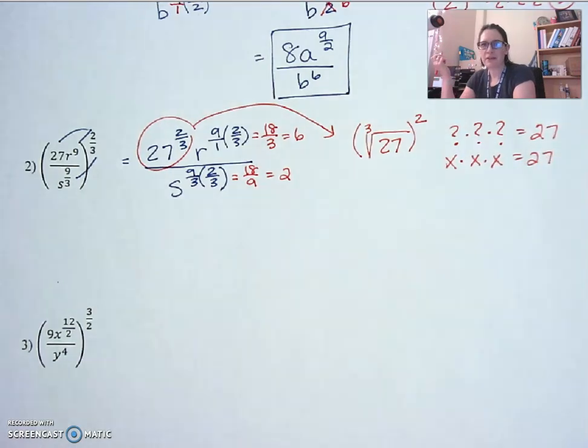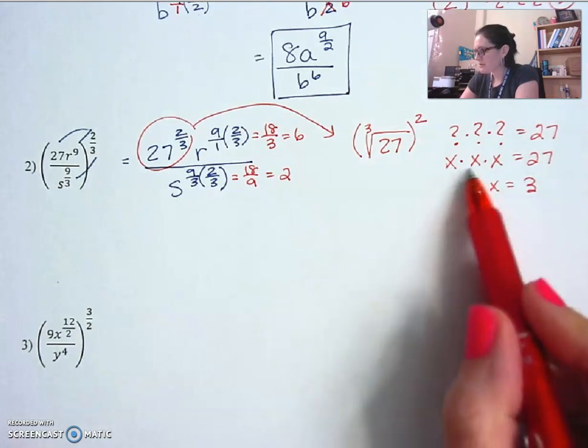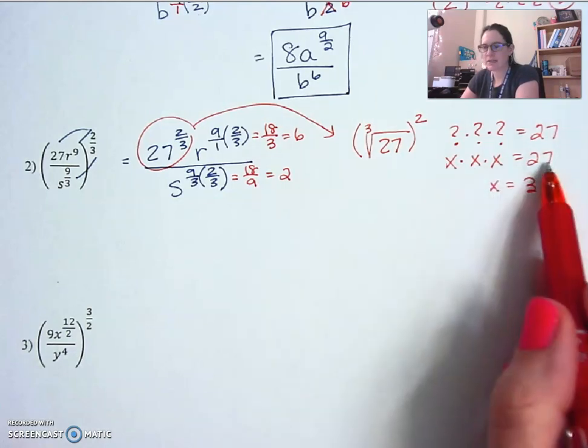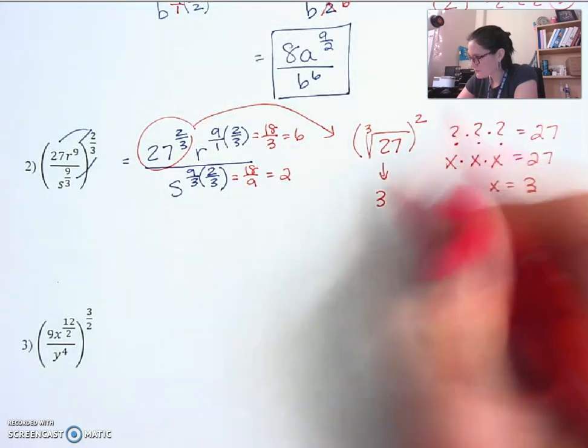And that might be trial and error for you. That's okay. Start small, take 2 times itself 3 times, 3 times itself, 4 times itself, etc., till you get what works. And what you'll find is that it's 3. Okay, because 3 times 3 is 9, times another 3 is 27. So the cube root of 27 is 3.